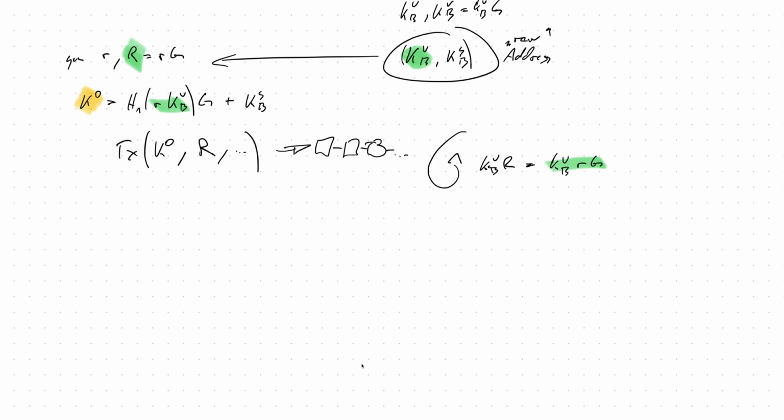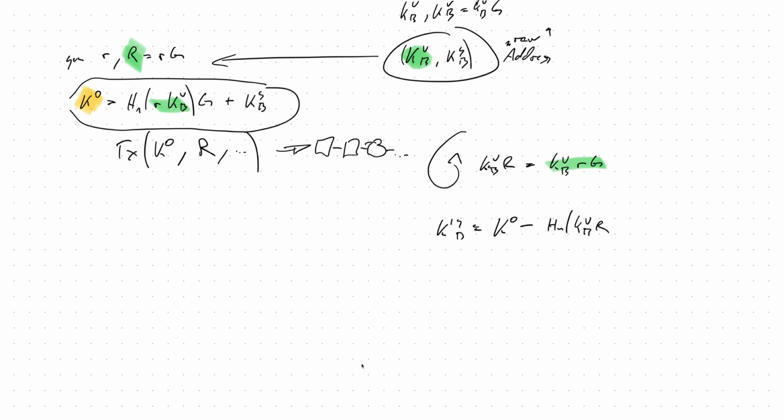And why they do this, you will see in the next step, because if you do some algebra on this formula here, you can write it like a new K_S^B, a new public spend key, and K_O.